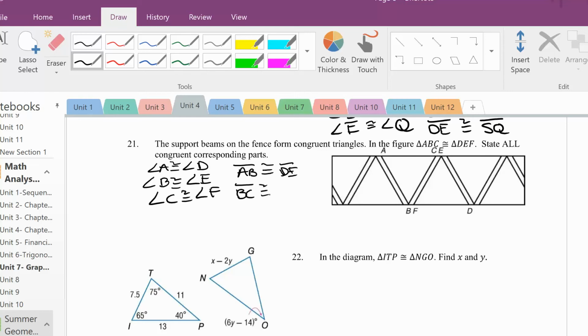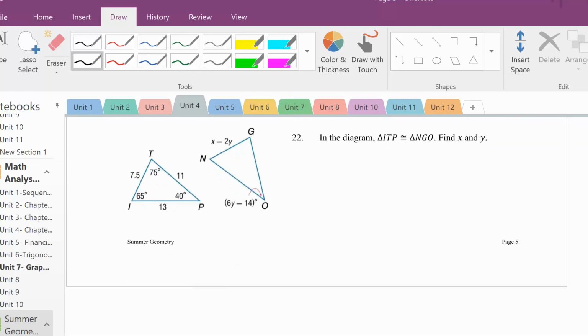BC is congruent to EF. And then we have AC is congruent to DF. So those sides, you can get that just by the way it's written.